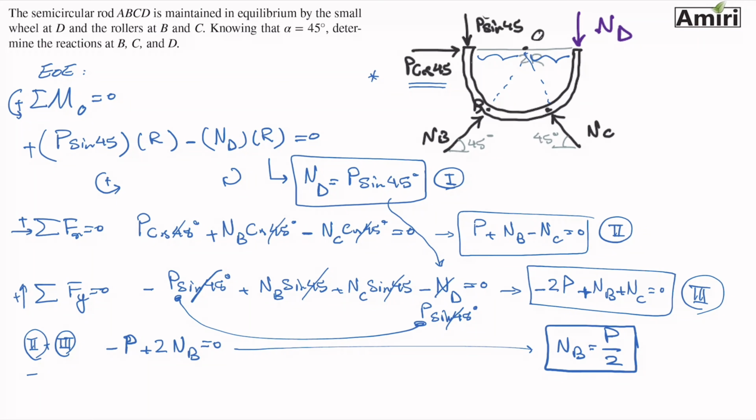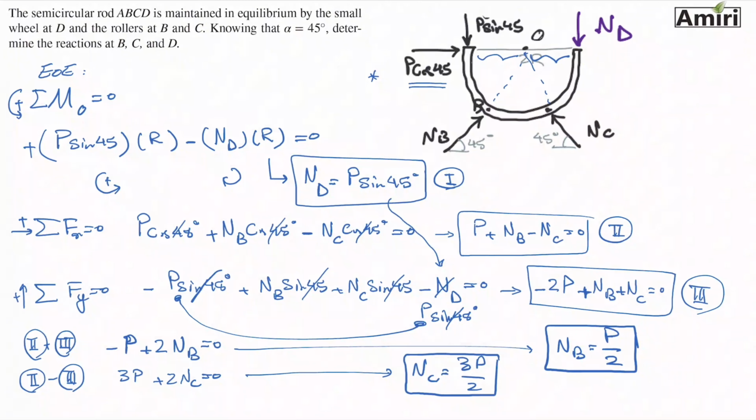If I subtract these two equations, then I get 3P in this case, and NB gets canceled, minus 2NC equals 0. All right, this is also nice. It gives me NC equals 3P over 2. So 1.5 times P.